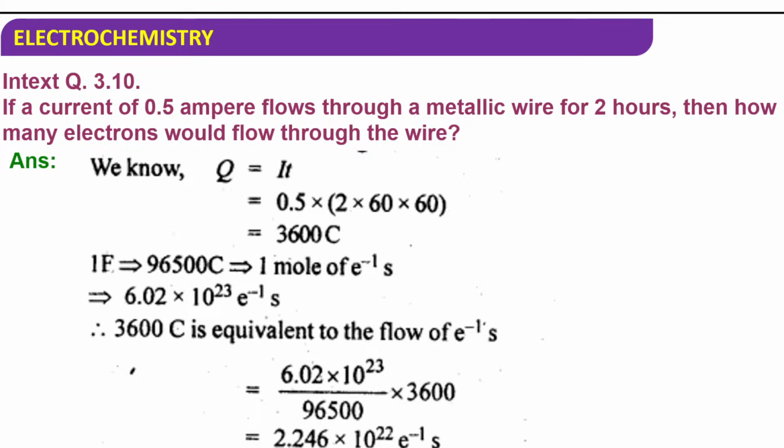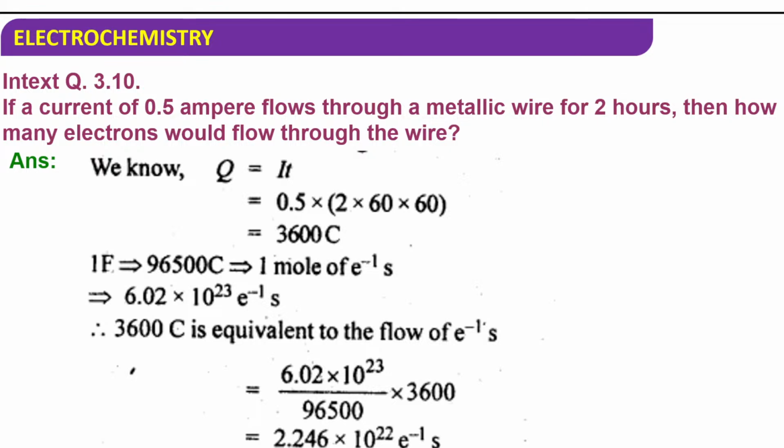So you know the current is 0.5 ampere, and you need time in seconds, but time is given in hours. So 2 into 60 into 60 gives seconds. So 0.5 into 2 into 60 into 60, that is 3600 coulombs. That is the quantity of the charge.